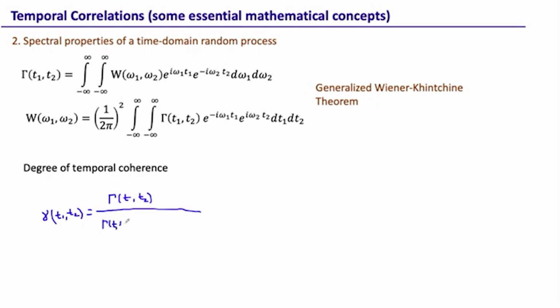and then we divide it by Gamma(T1) and Gamma(T2) and take the square root.